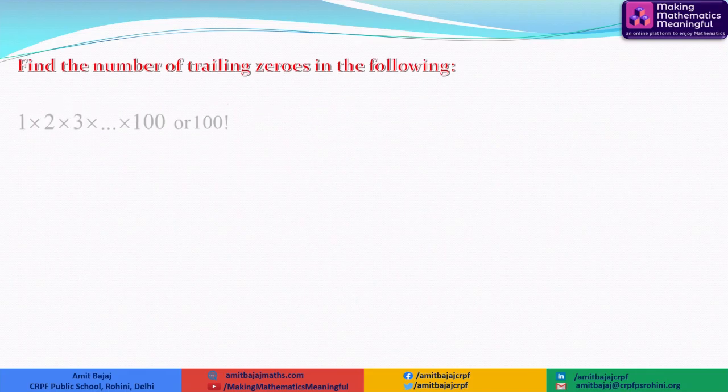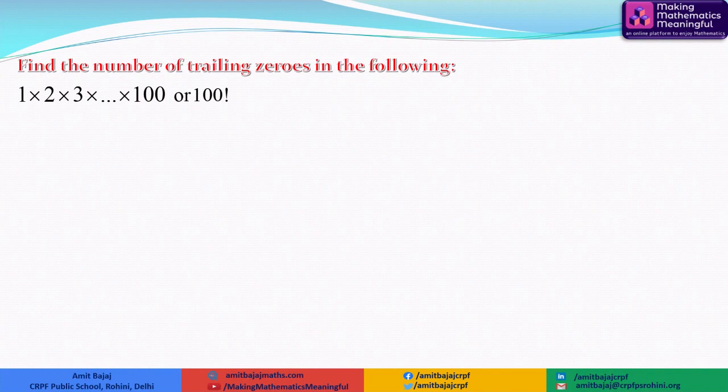But now in this case, say 1 into 2 into 3 up to 100, which is also referred to as 100 factorial, let us consider a method to find the total number of zeros here. There is a direct formula also, which I will talk about as well. We observe that there are many multiples of 2 and many multiples of 5.